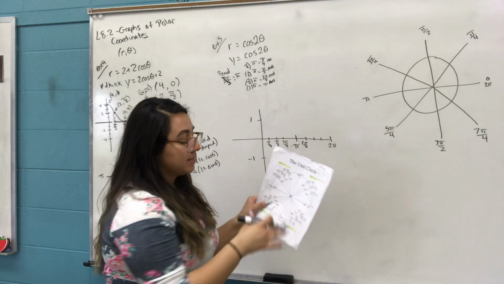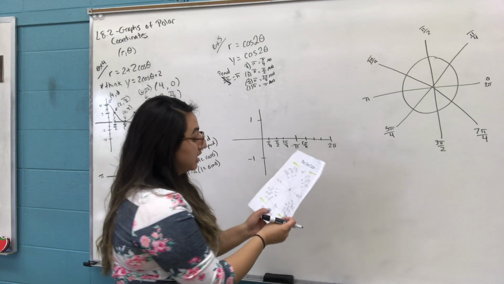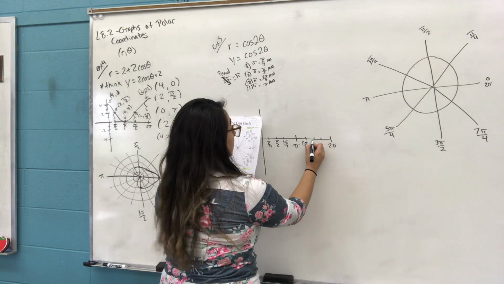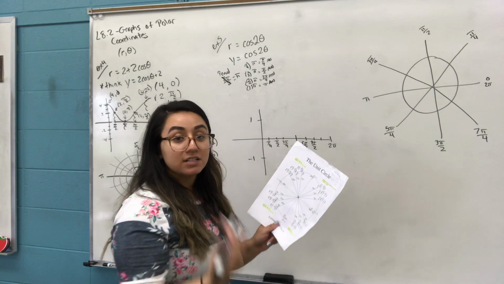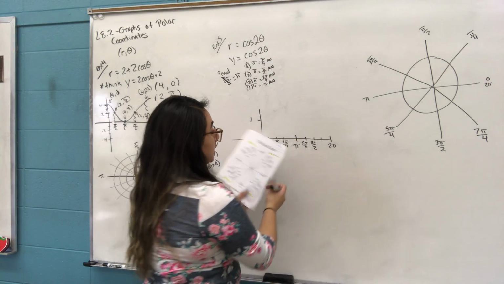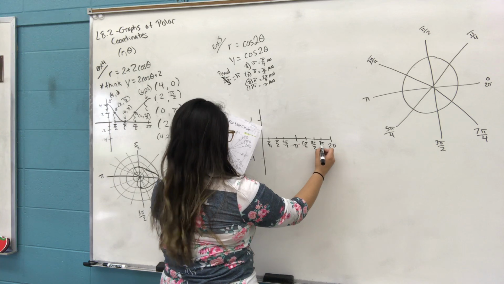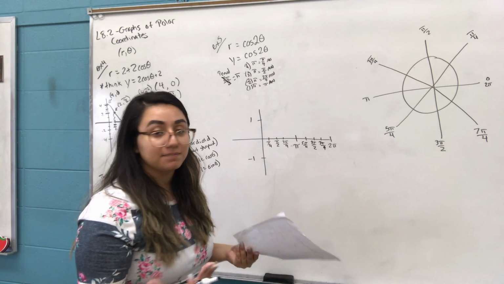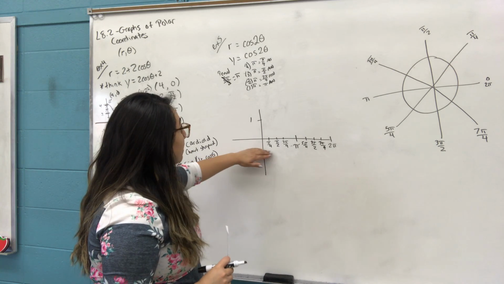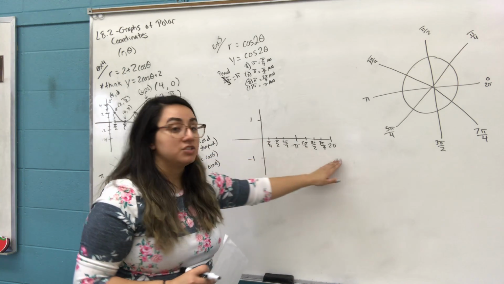From 225, I'm going to add 45 degrees again. I get 270, which is 3π/2. 270, add 45, I get 315. And in my chart, I have it as 7π/4. Or you can add 1/4 to it. Both ways work. So now I have all my increments from 0 to 2π here.